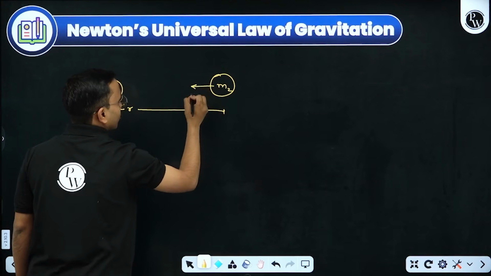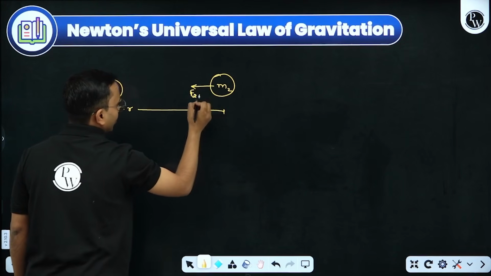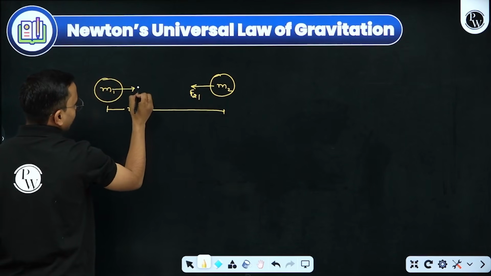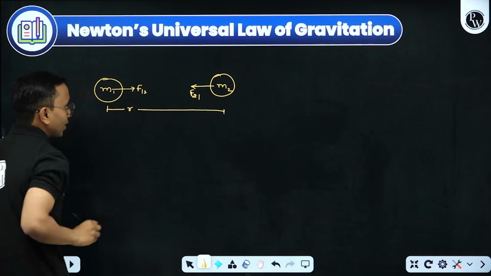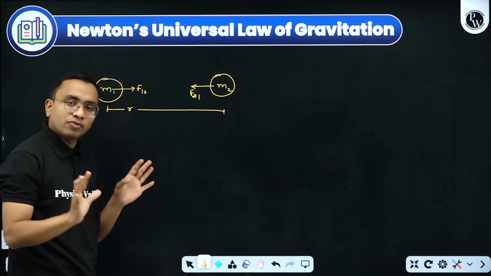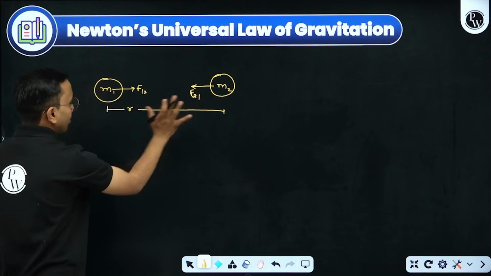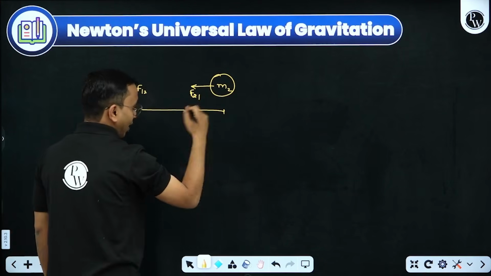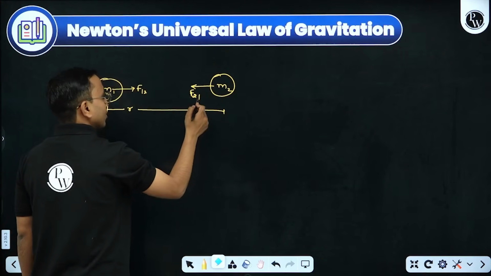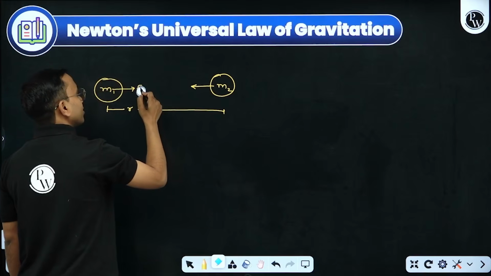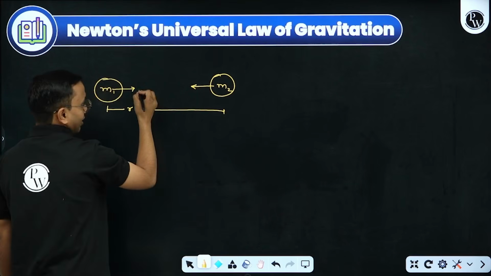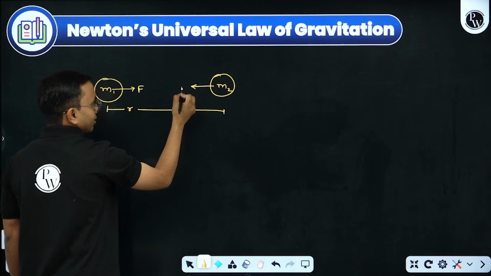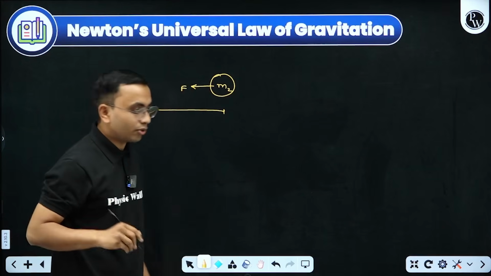So if I write the force on 2 due to 1 and this is the force on 1 due to 2, both the magnitudes of the force will be the same. In terms of magnitude, I'll say this is F and this is also F, because the magnitude is the same.